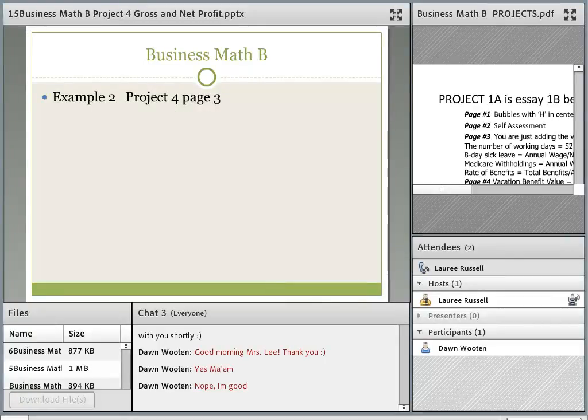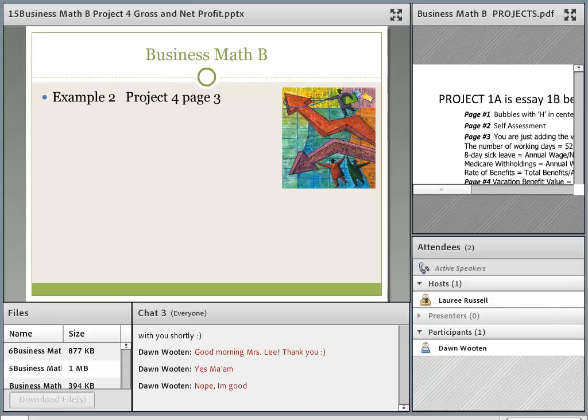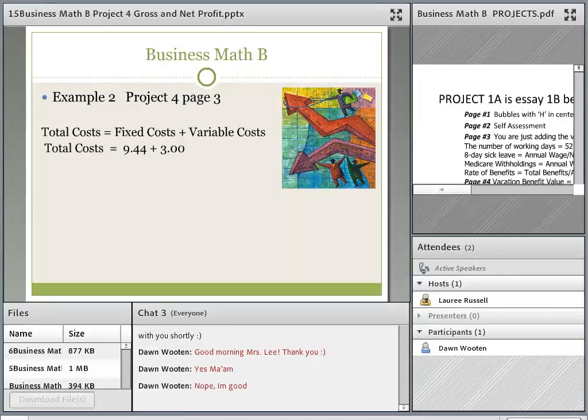Now on the same page, we're going to do another example. We're going to look at how much the total costs are. Looks like we're going with line 5 again for this one. 1, 2, 3, 4, 5, yeah. So basically we just take the fixed costs, we add it to the variable costs, and that gets our total cost per unit.